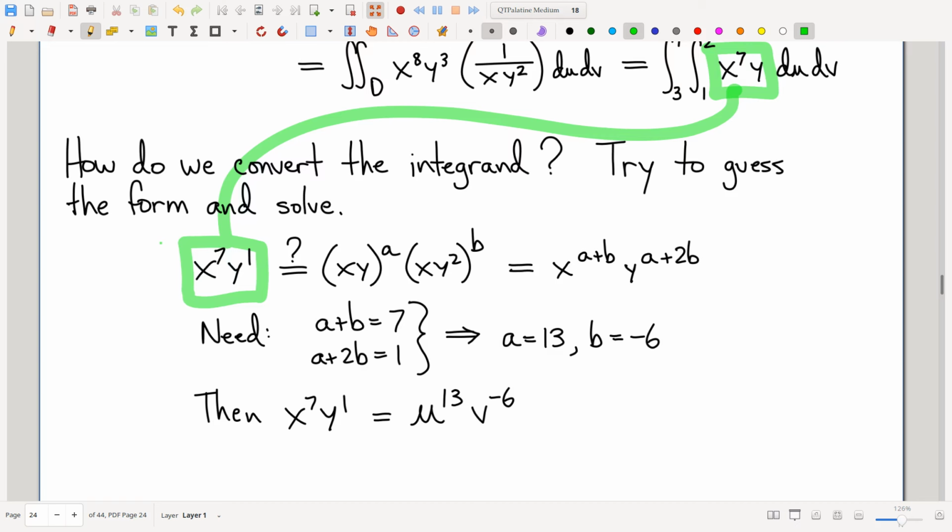I need to write it in terms of u, which is a product of powers of x and y, and v, which is a product of powers of x and y. And now here's the question that I have to answer creatively. What would I expect algebraically to have to do to products of powers of x and y to produce a different product of powers of x and y? And so thus begins the algebraic speculation.